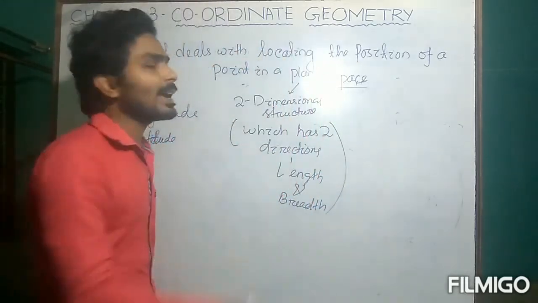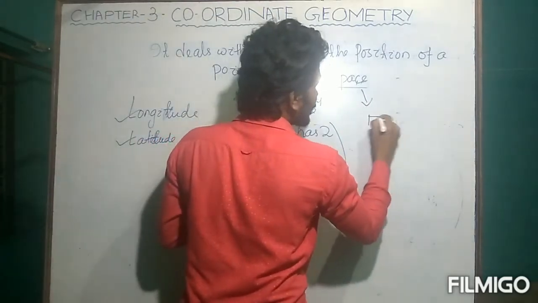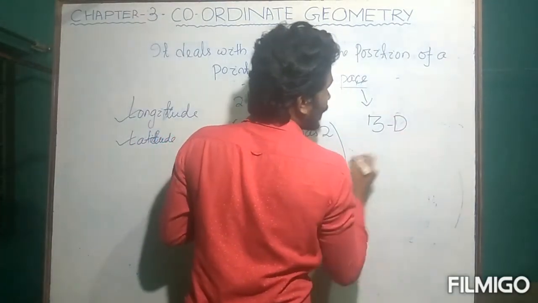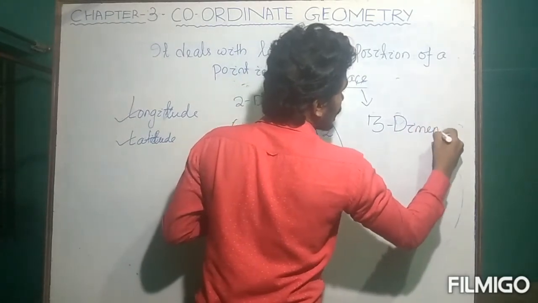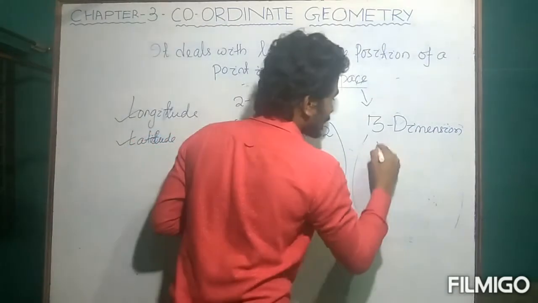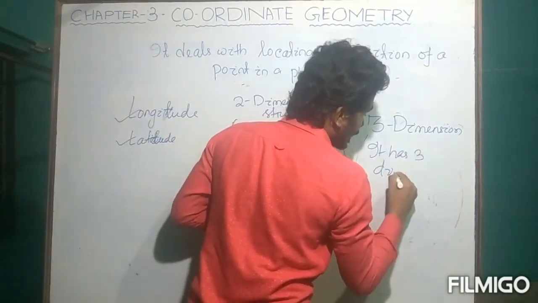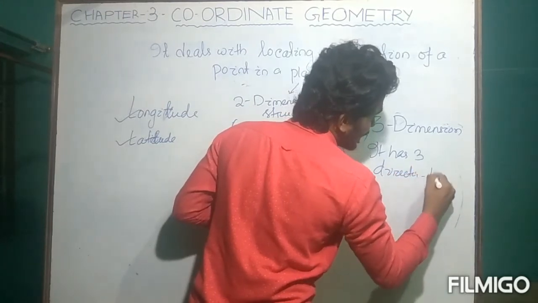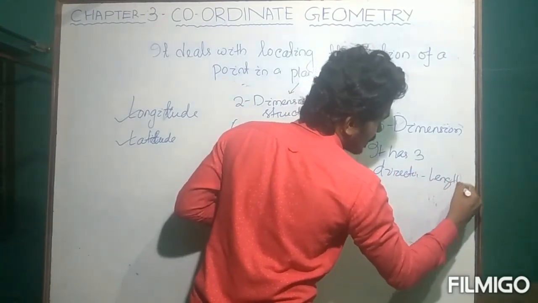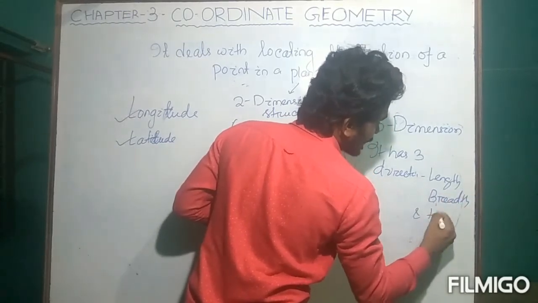Now what is a space? A space is also known as 3D or 3-dimension. Why is it known as 3-dimension? Because it has three directions, like length, breadth and height.